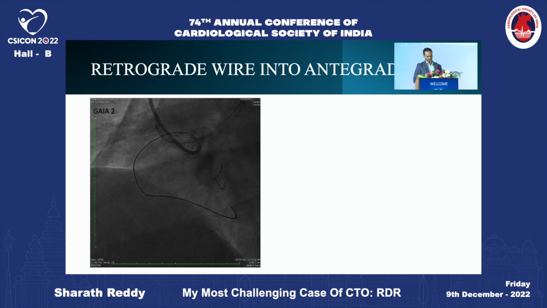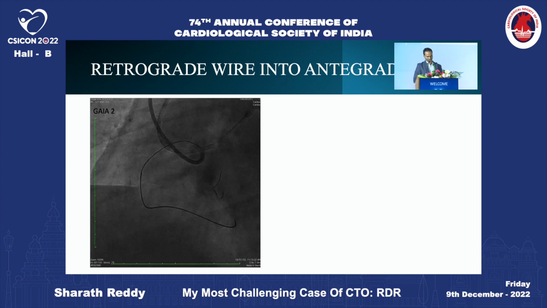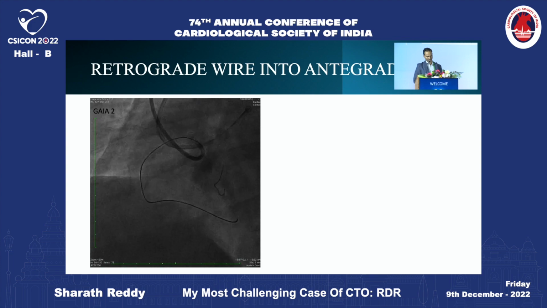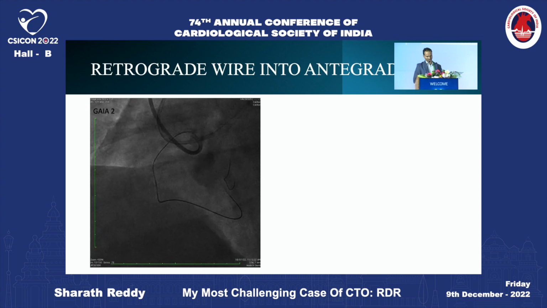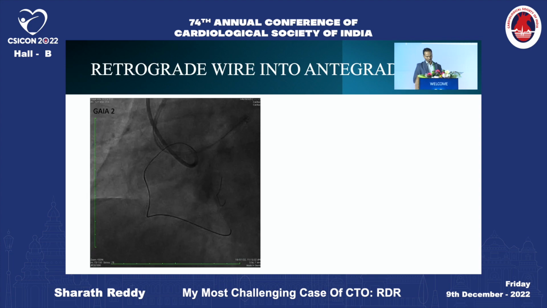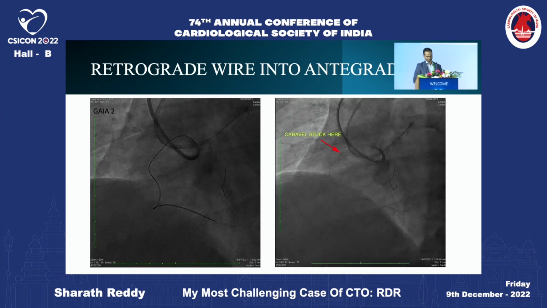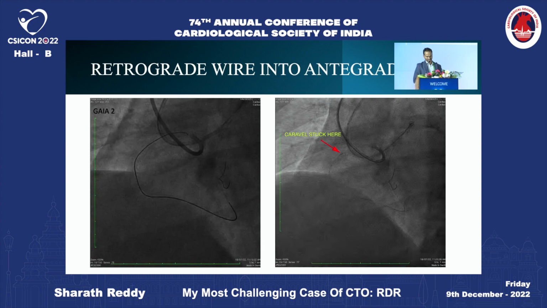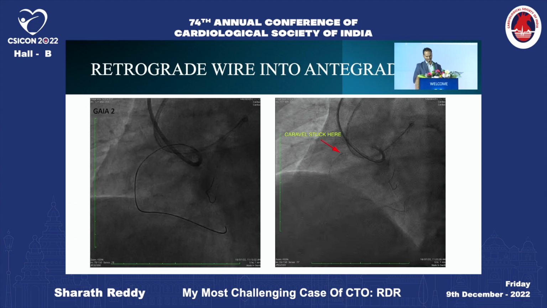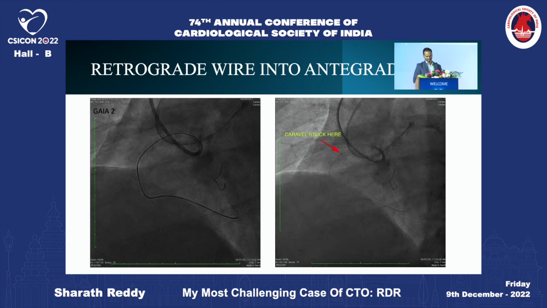So I had to take my retrograde wire into proximal RCA, and then you can see we gave a bend, almost like a miniaturization of JR, just to send the retrograde wire coaxially into the guide. So that's how we sent it to the antegrade guide, and then we anchored the wire, trapped the wire in the antegrade guide, but again stuck because of Caravelle.